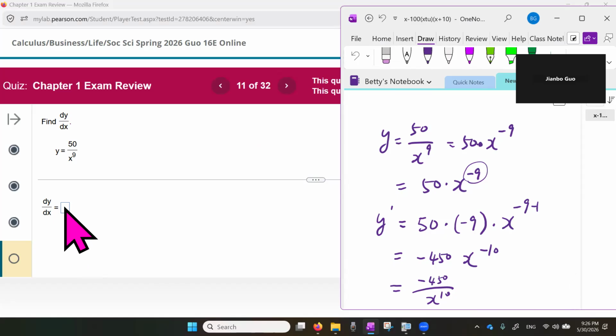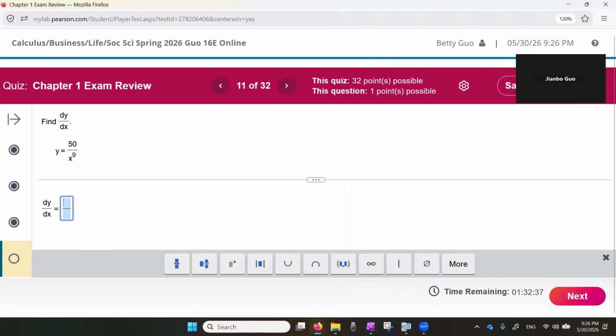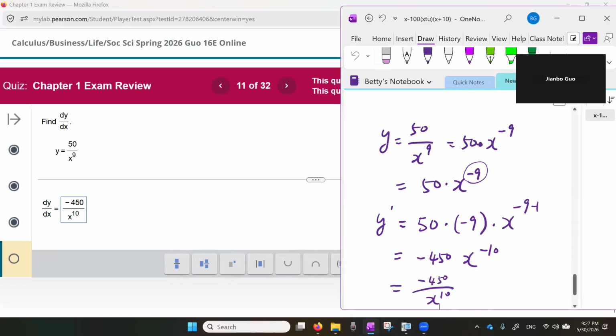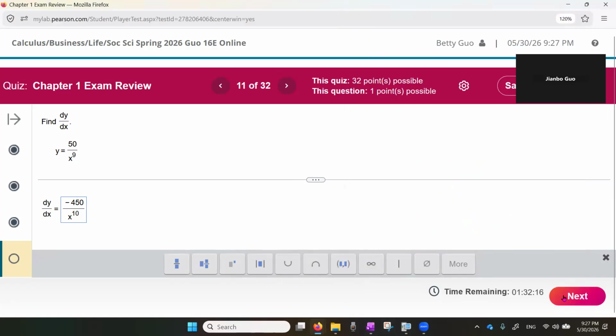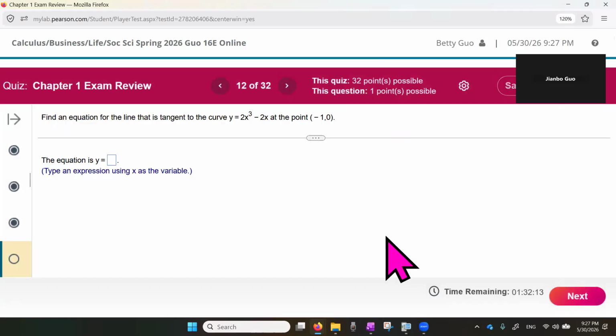So we are going to have negative 450 on the top and x to the power of 10 in the bottom. This is what we get. Okay, very good. Next.